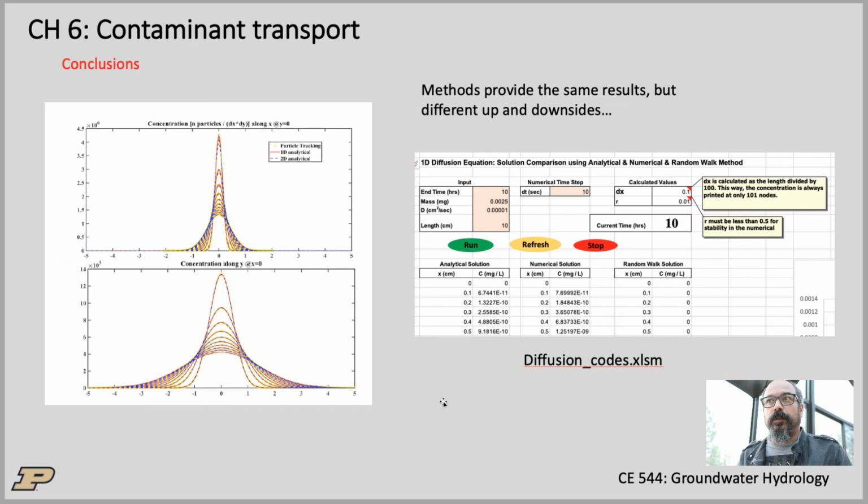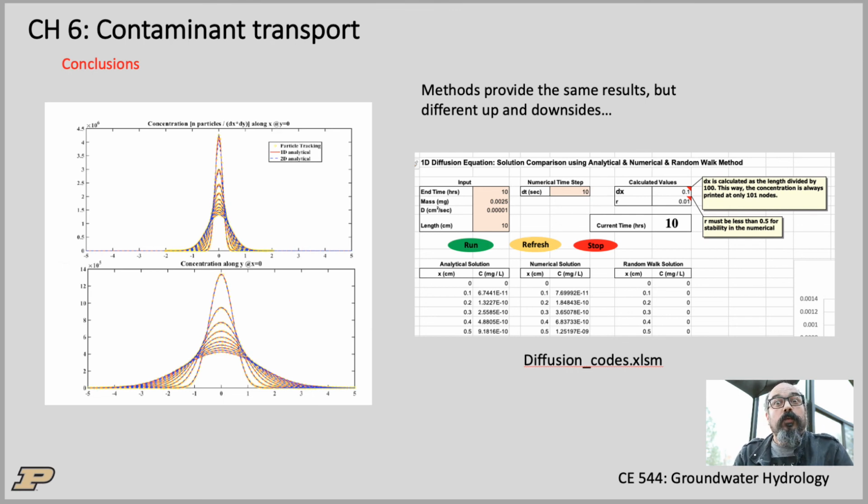these are two different figures that show that those three solutions, analytical, numerical, and particle tracking, are basically the same. They're good for different things, but in the end, for simple cases that you can do analytically, they solve the same equation. So their result is just the solution of that equation.